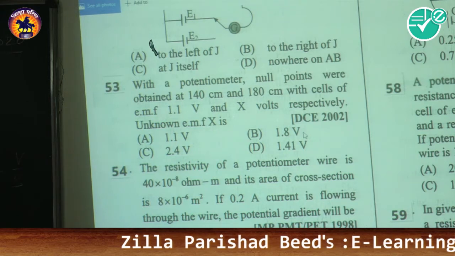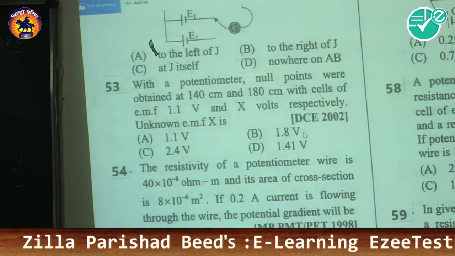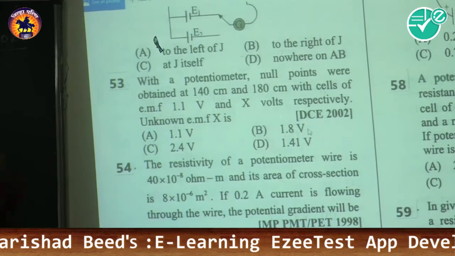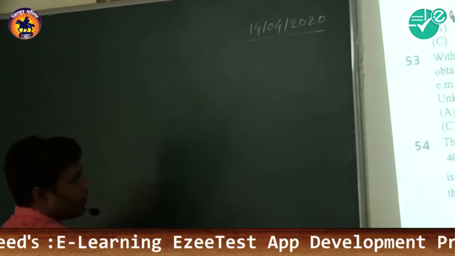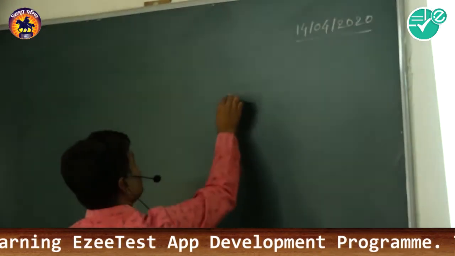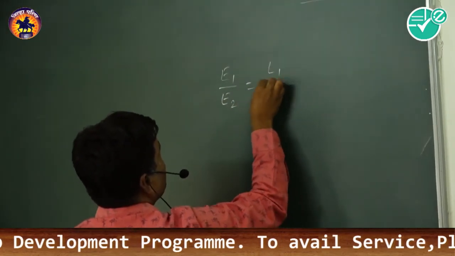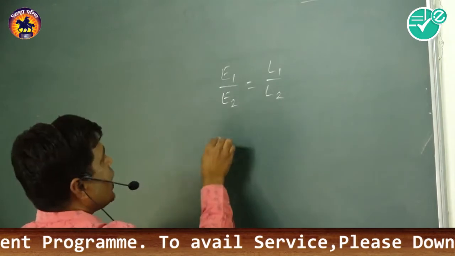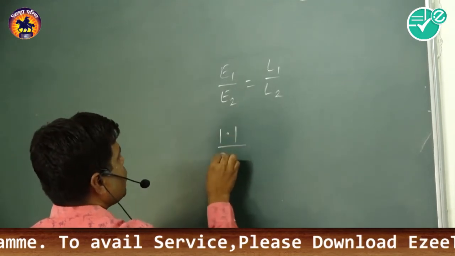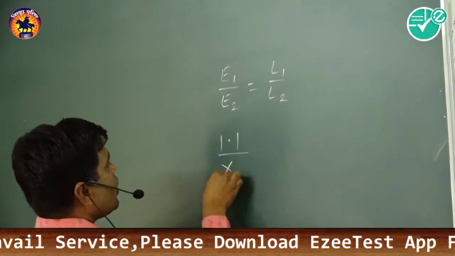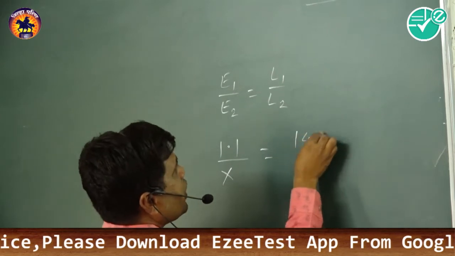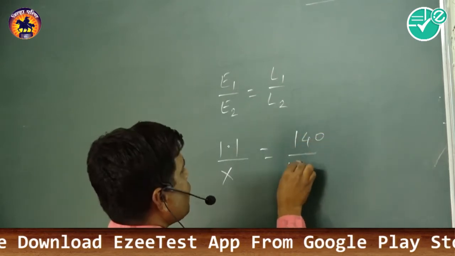We know the formula for comparison of EMF of two cells: E1 upon E2 is equal to L1 upon L2. E1 is given as 1.1 volt and E2 is X volt. L1 is given as 140 and L2 is given as 180.